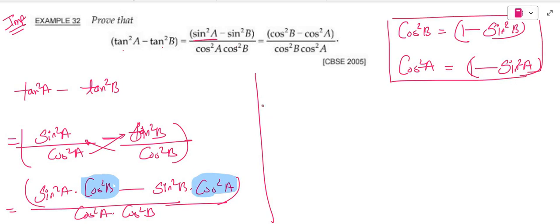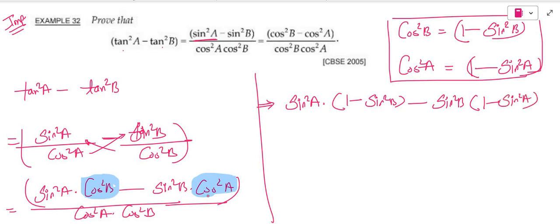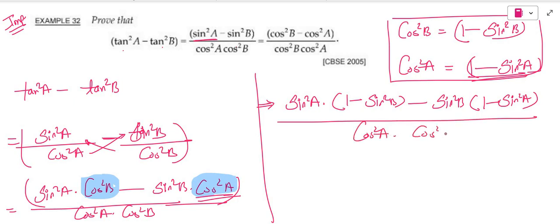So I can use it here. तो लिखिए sin square a cos square b is 1 minus sin square b minus sin square b is, this is 1 minus sin square a, because cos square will become 1 minus sin square a divided by cos square a into cos square b. Correct?